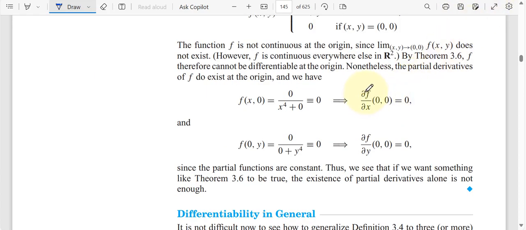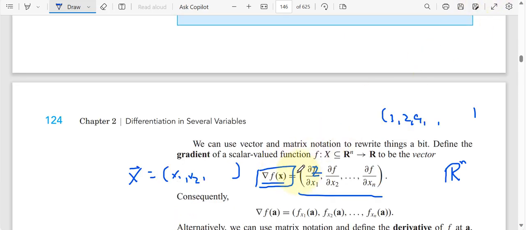And just like we might ask, if we have the partial of f with respect to x, what is that at a particular x, y pair? We put in 0 and 0, for example, and we get out some result when we evaluate it at a specific point. In the same way, with this gradient, we can ask what it is when we put in a particular value of x, meaning a particular value for the vector x. We fill in all of these things.